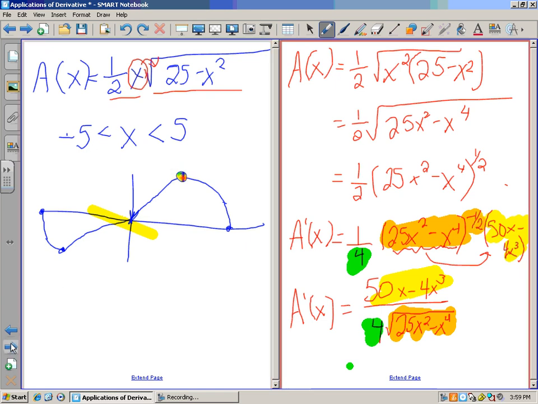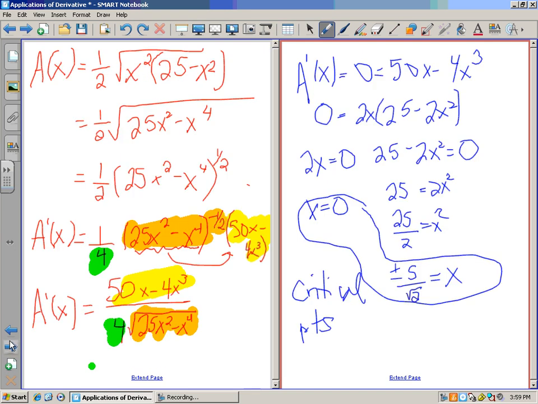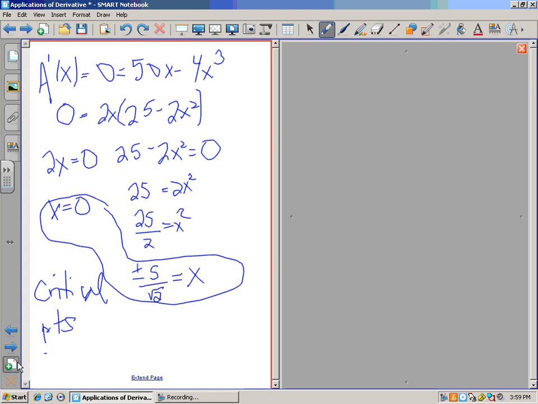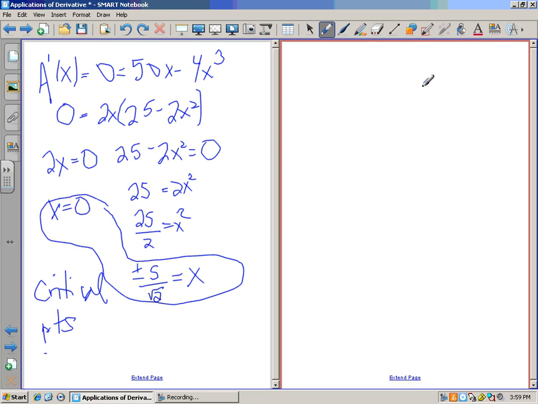So when I'm considering my steps that I outlined in the beginning, it said to graph it, which we did, identify the critical and endpoints, which we did, and then basically solve it and interpret the solution. Okay, so it wanted to know when the area could be maximized. So we know at x equals positive 5 over square root of 2, we have an absolute max.